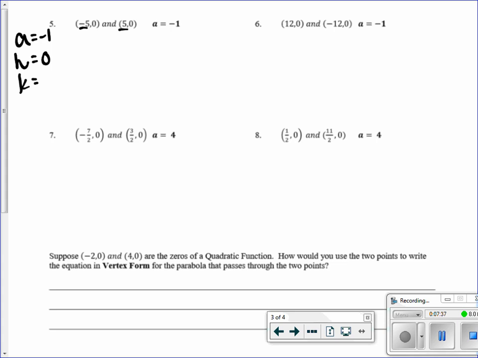Now pick one of them to use to help solve for K. So we pick this second one. So 0 equals -1 times (5 minus 0) squared plus K. 5 minus 0 is 5, so 5 squared is 25. So -1 times 25 is -25.